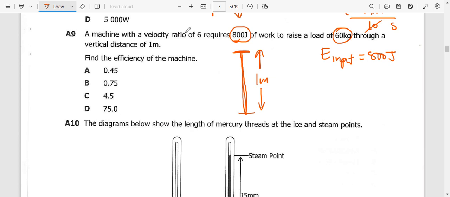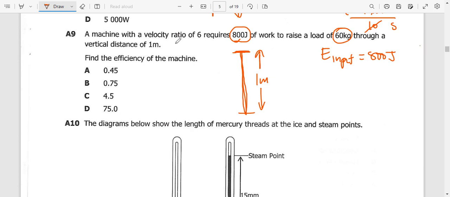So, do you know any relationship between velocity ratio or anything with energy? This is from simple machines. Nothing?